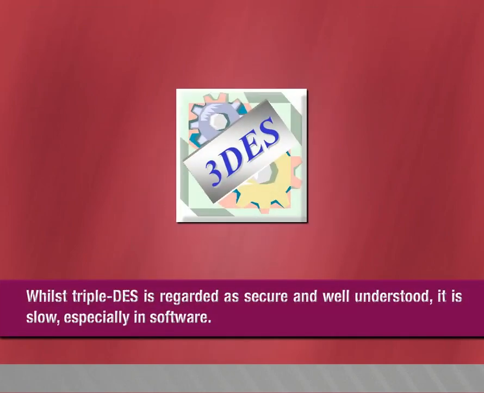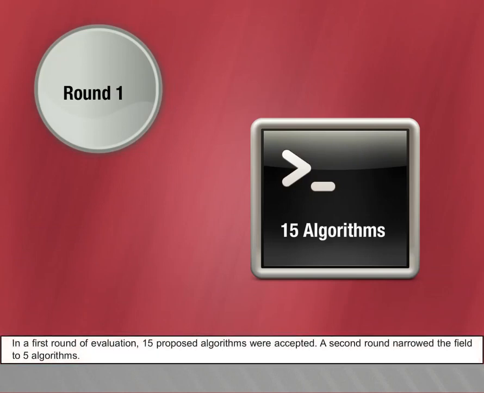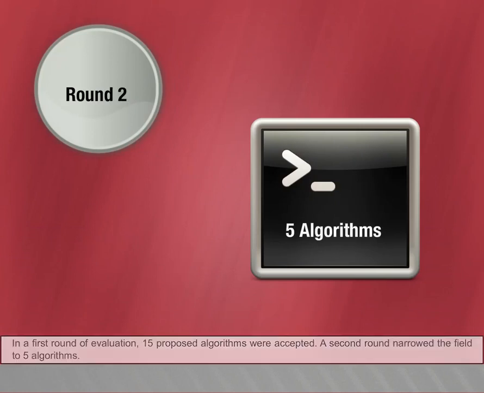Whilst triple DES is regarded as secure and well understood, it is slow, especially in software. In a first round of evaluation, 15 proposed algorithms were accepted. A second round narrowed the field to 5 algorithms.